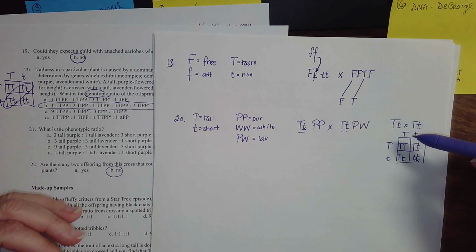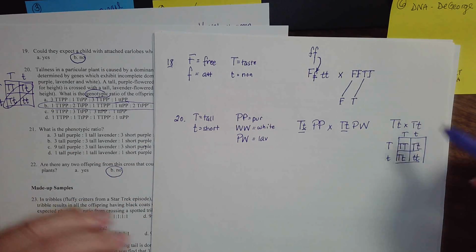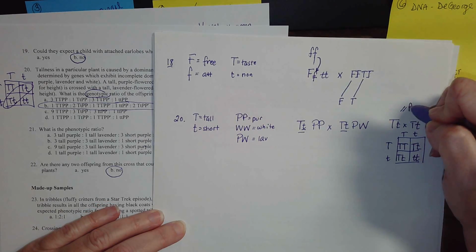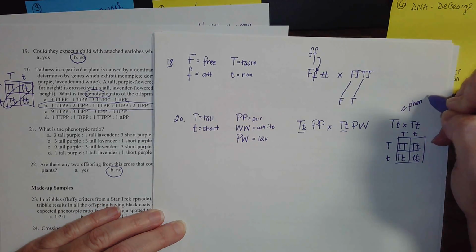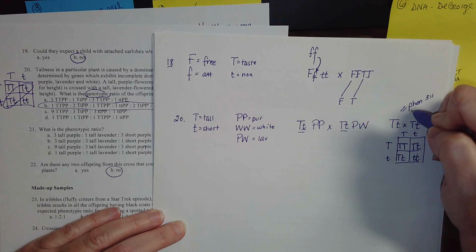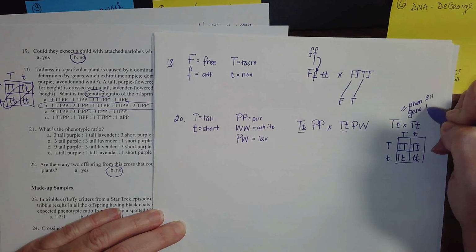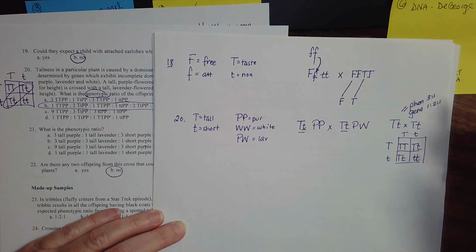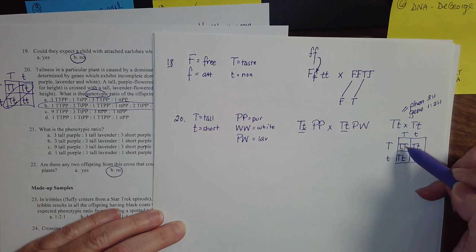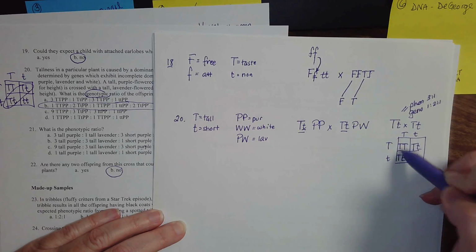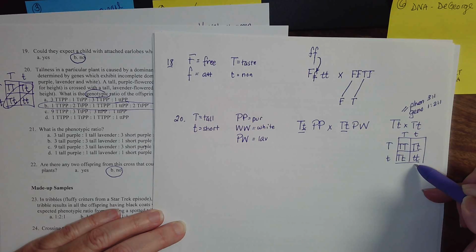So one thing you can memorize, when you have a heterozygous, we know that the phenotype ratio is 3 to 1. The genotype ratio is 1 to 2 to 1, meaning it'll have one of each of the homozygous, so 1 big T, 1 little t, and then 2 of the big T, little t.